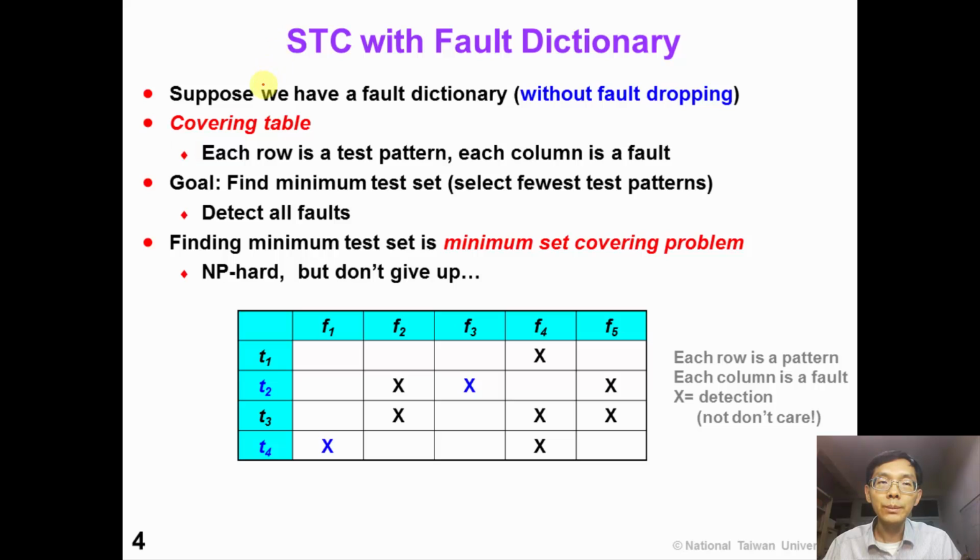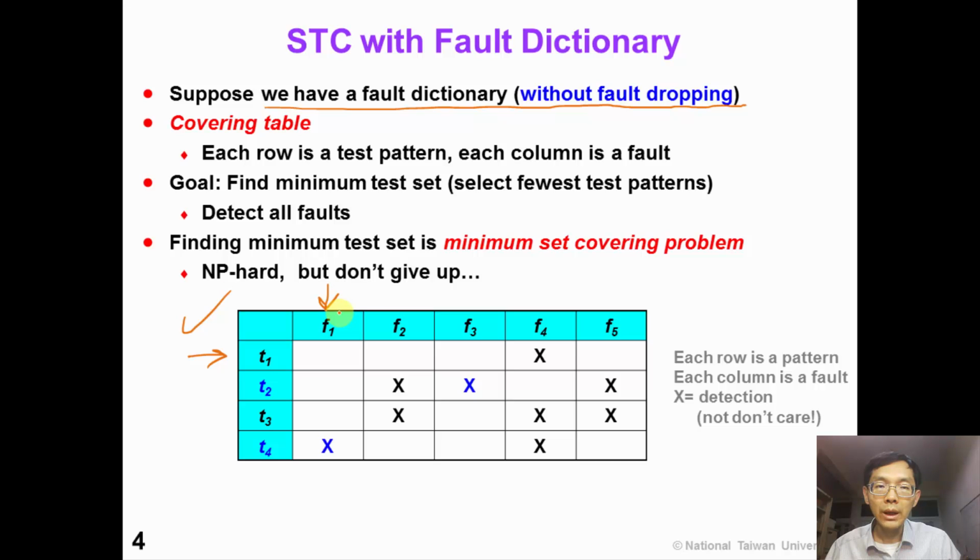Suppose during the test pattern generation, we perform fault simulation without fault dropping. In this way, we have a fault dictionary. In this particular example, every row represents a test pattern and every column represents a fault.